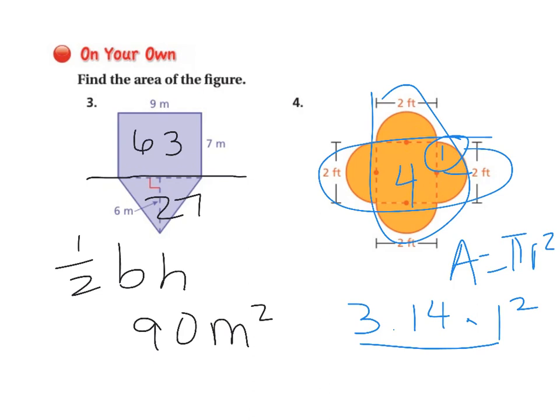So it's 3.14 times 2, which would be 6.28. And then we need to add that to our 4, and it would be about 10.28 square feet.